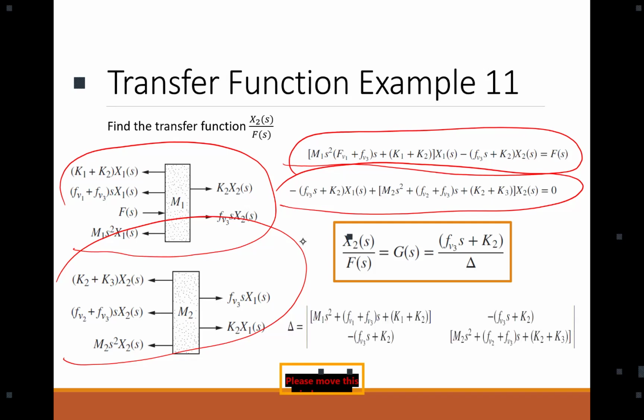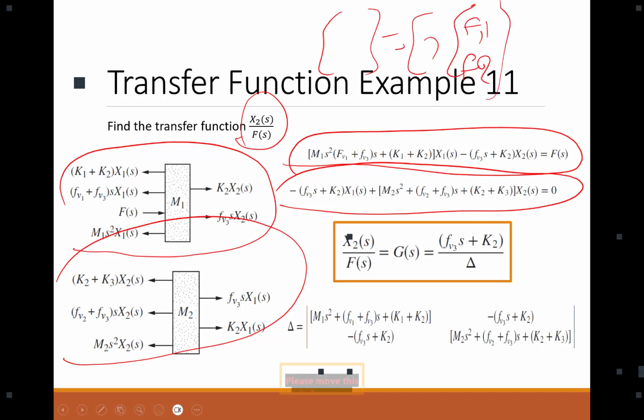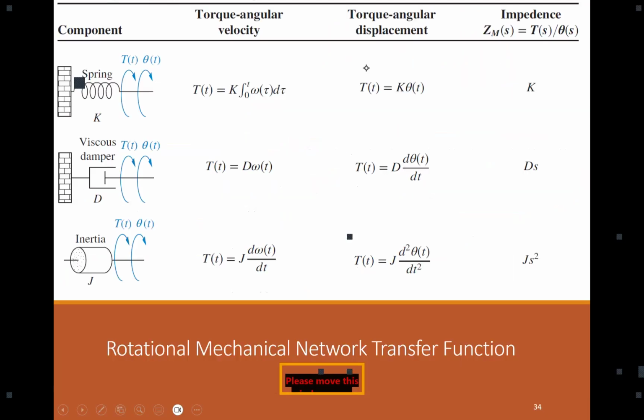Same goes for, oh, we only have one F. So if you want X1 and X2, it's just a vector, a G times the F, F1, F2. Please write that. This is the G. This is X1, X2. It's a simple two equation, two variable system.